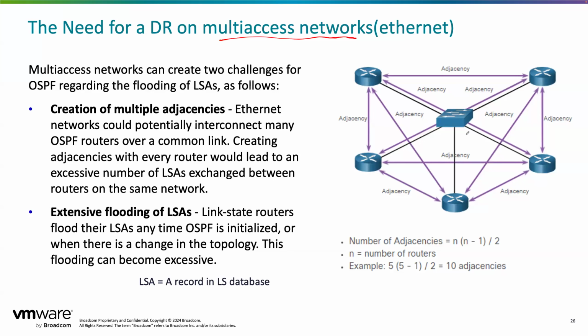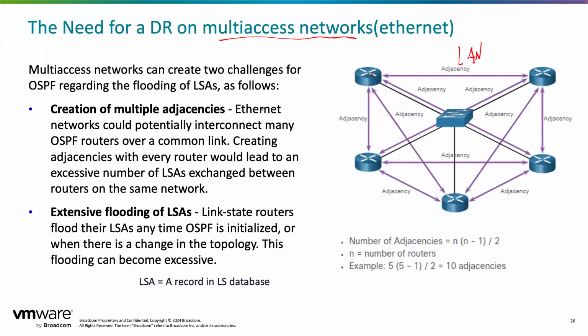Let me give you an example. This is one data link, one LAN. On this LAN there are five routers: 1, 2, 3, 4, 5. Five routers are sitting on the same data link.